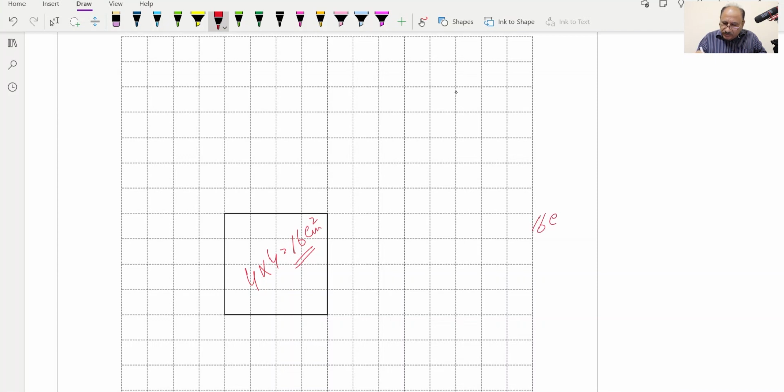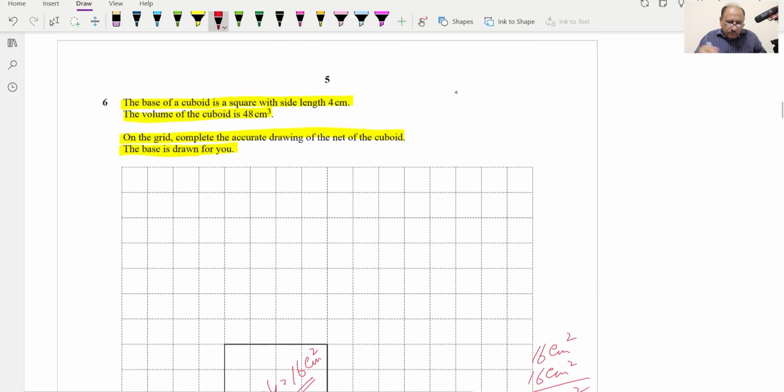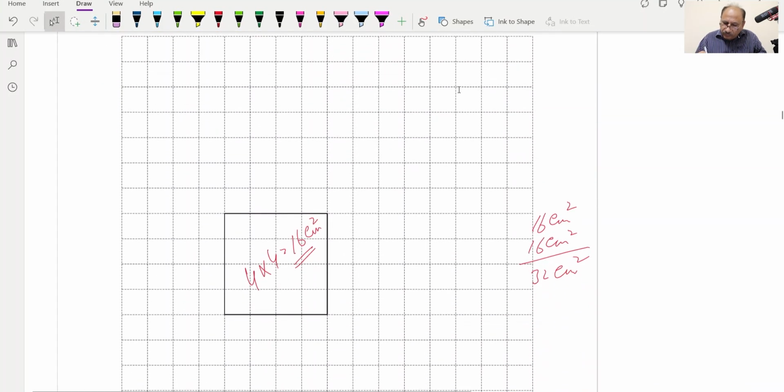So 16 centimeter square plus 16 centimeter square will be 32 centimeter square, and the total volume they are saying is 48. So remaining volume will be what? 48 minus 32 will be 16 centimeter square will be the remaining portion, excluding base and top.